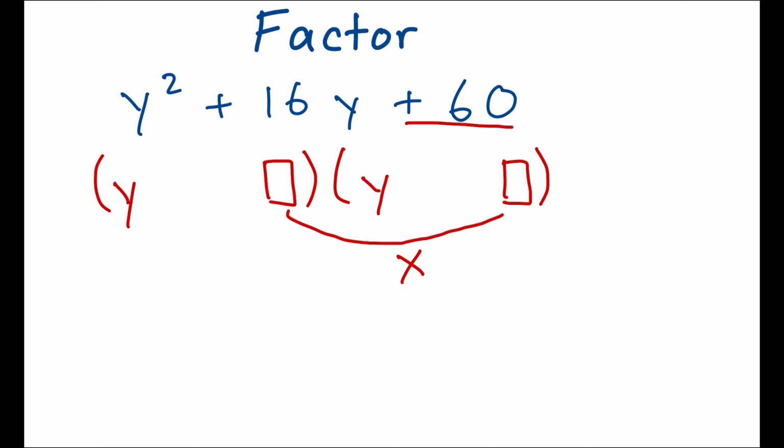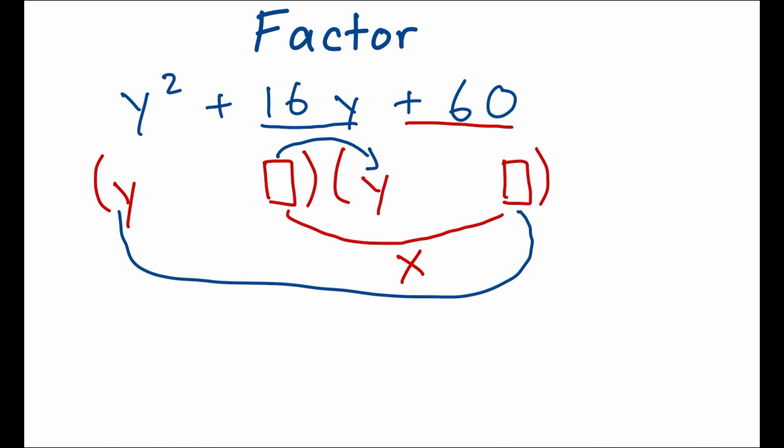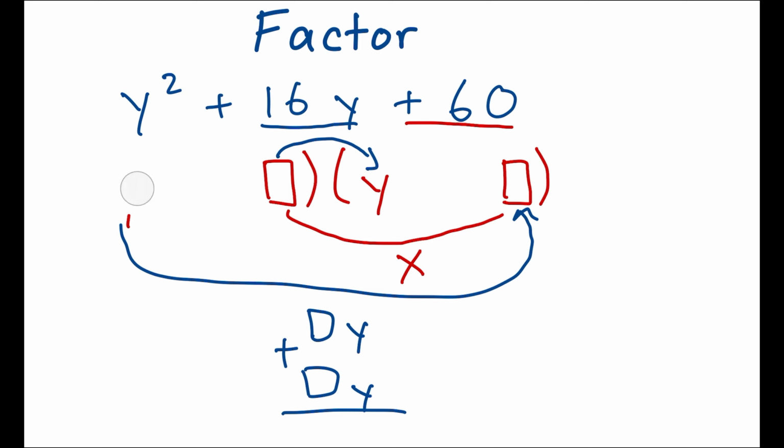So this one is this number with the y, and this number with this number here. Since you got those numbers down, you add them up together, then you get the middle number, right? So now let's try it out.